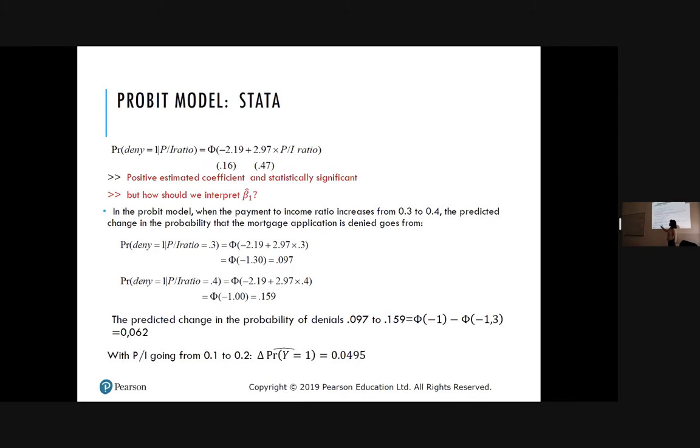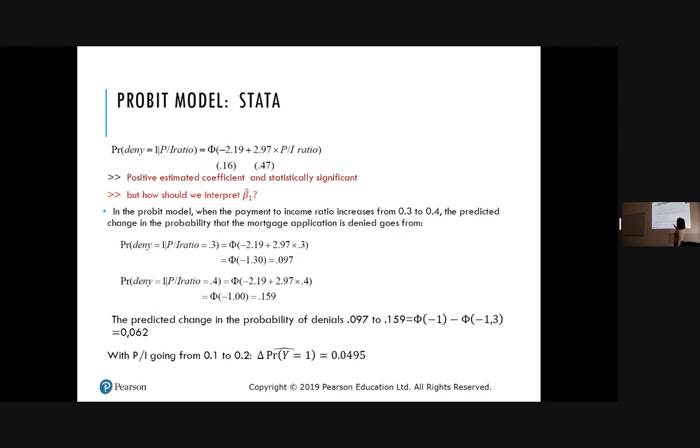We can say that the predicted change in the probability of being denied when X goes from 0.3 to 0.4 is equal to the difference between this number and this number: the predicted probability of being denied after the change in X, and the predicted probability of being denied before the change.